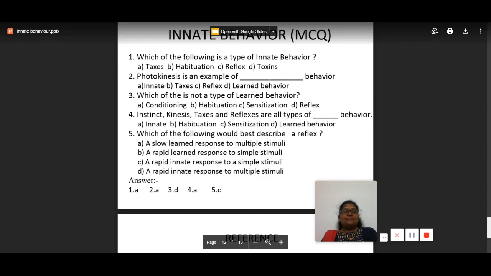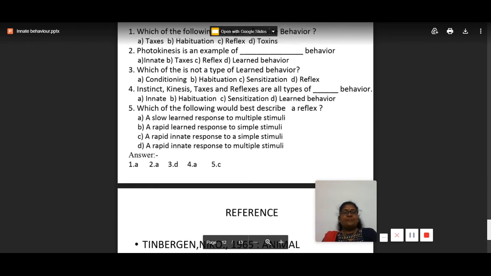And the fifth one: which of the following best describes a reflex? A slow learned response to multiple stimuli, a rapid learned response to a simple stimulus, a rapid innate response to a simple stimulus, or a rapid innate response to multiple stimuli. The answer is a rapid innate response to a simple stimulus. That is the best option.